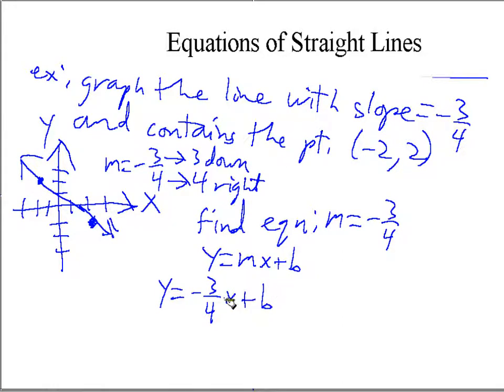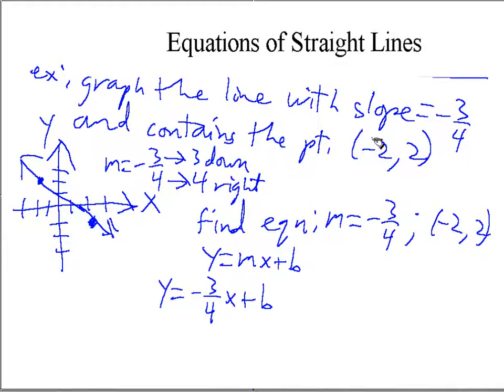But you may wonder, what about x and y? Well, we're going to use the point that we know is on the line. We're being told that the line contains the point negative 2, 2. That means this point will satisfy this equation. Remember earlier we mentioned that if a point makes the equation true, then it's on the line.